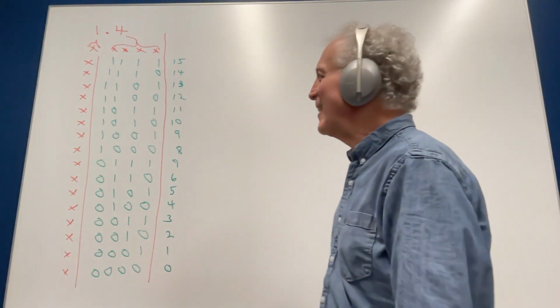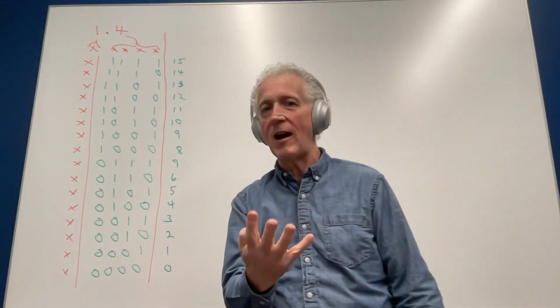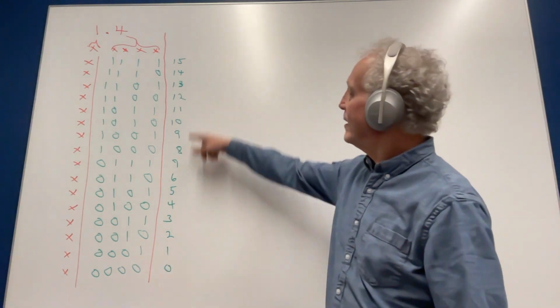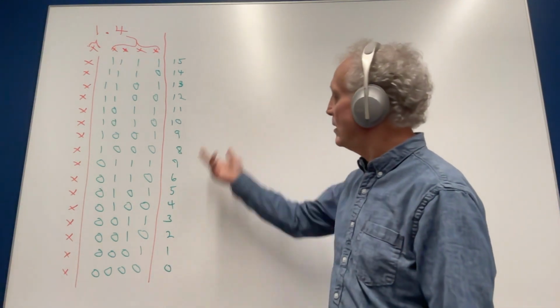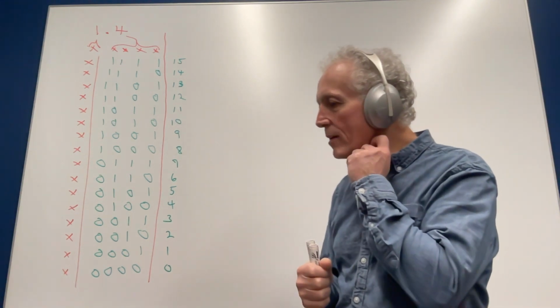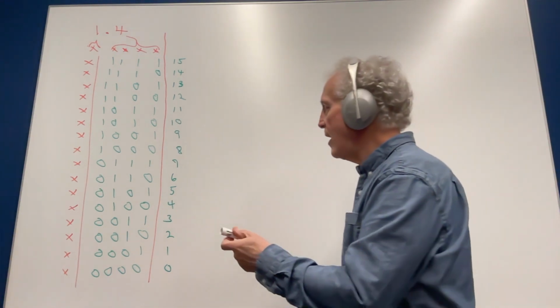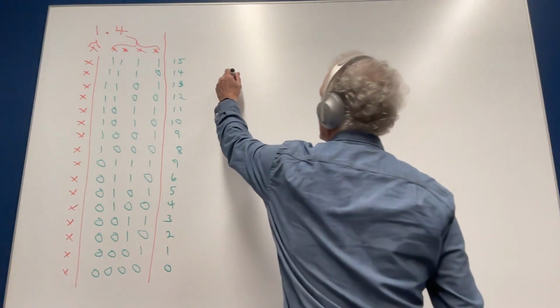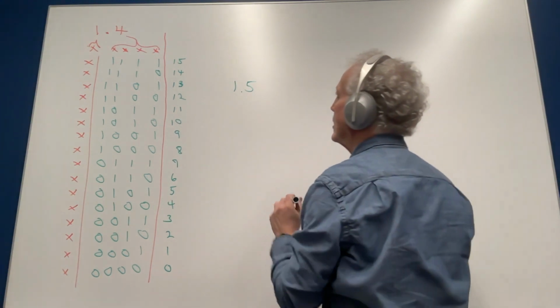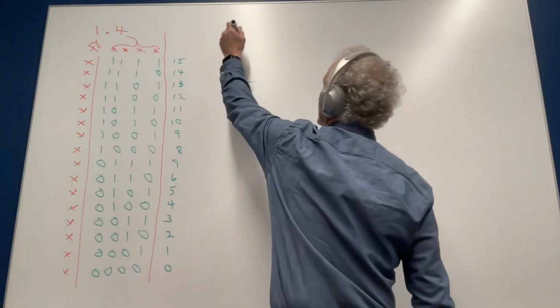So let's talk about the fractional part. We're going to have 4 bits fractional, so it can be 0 to 15. If we have, let's say, 1.5, the red X will now be a 1.